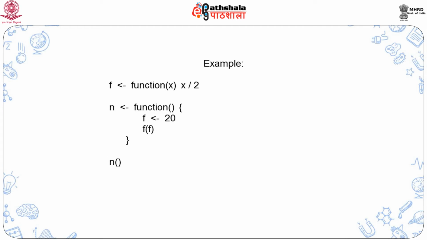So it will give us 10. So here when we are defining f is equal to 20 and f of f, then thereafter R returns the value of the variable without showing any error. So basically here also we are encapsulating a function within another function, and you can see what it actually returns.